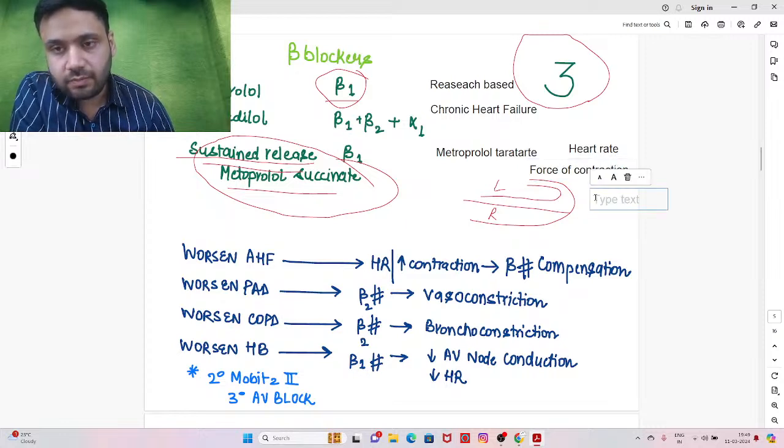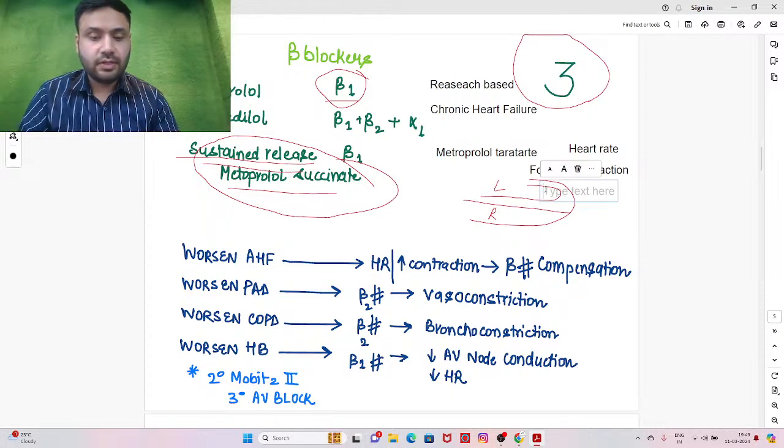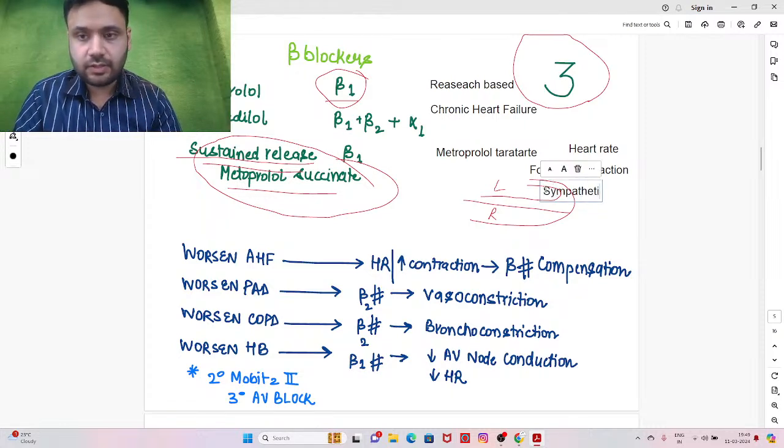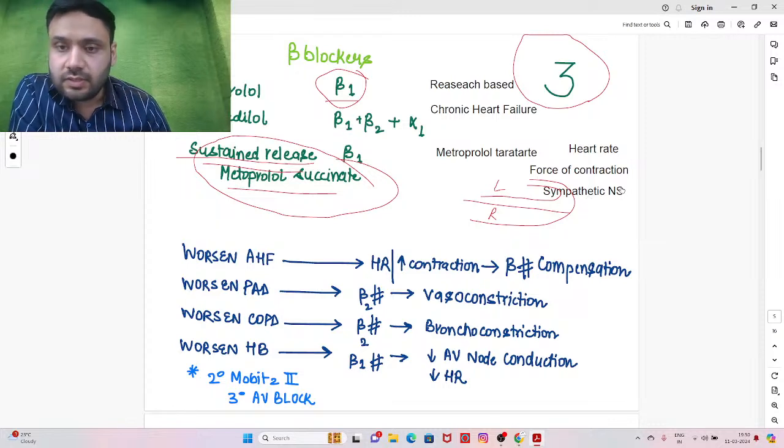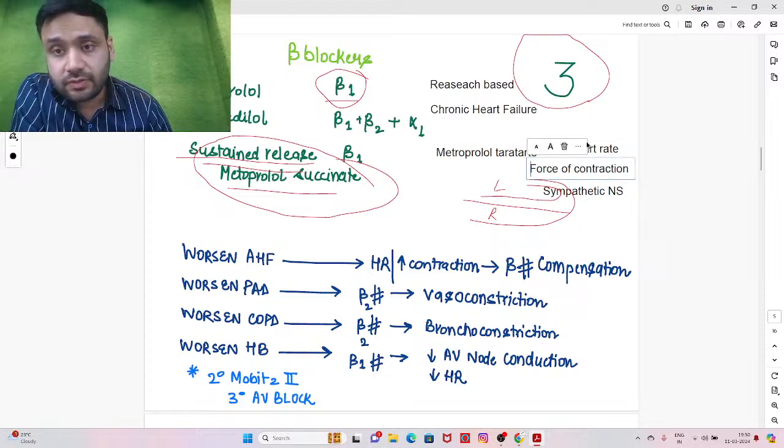helps. Why? Because as you remember, the sympathetic nervous system activates. Once the sympathetic nervous system activates, it leads to activation of beta 1 receptors, which increase heart rate and force of contraction.